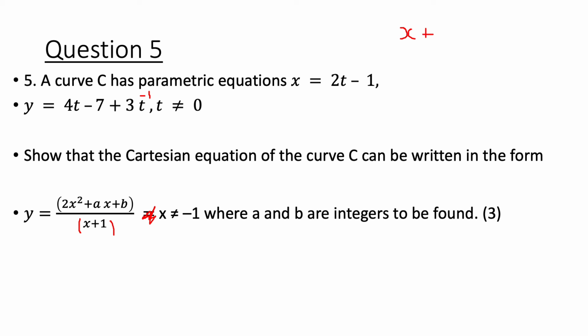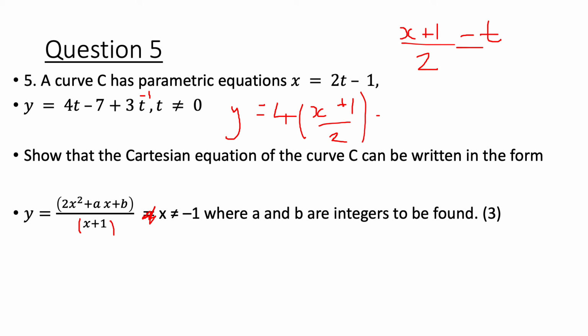So x plus 1 over 2 is equal to t. Okay, subbing that into that equation, so what I'm going to get is y equals 4 lots of x plus 1 over 2, subtract 7, plus 3 divided by x plus 1 over 2.